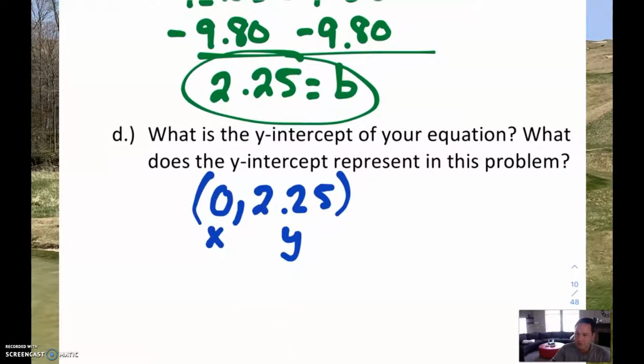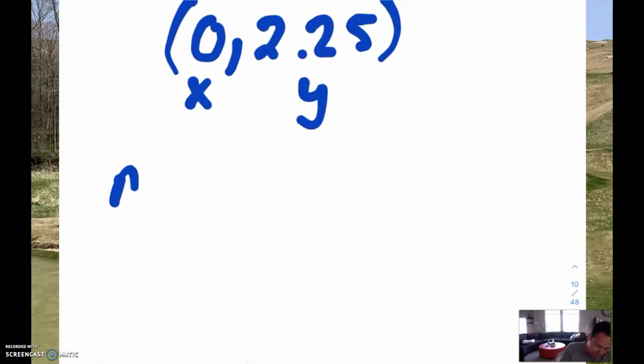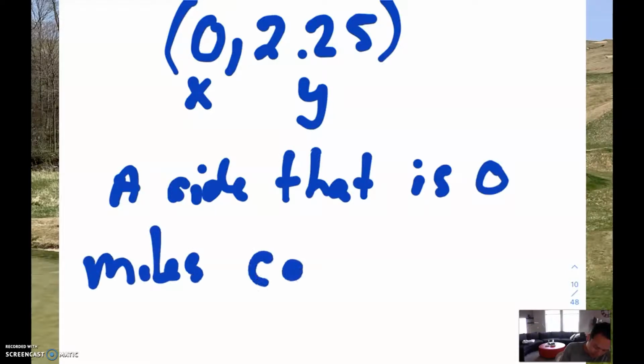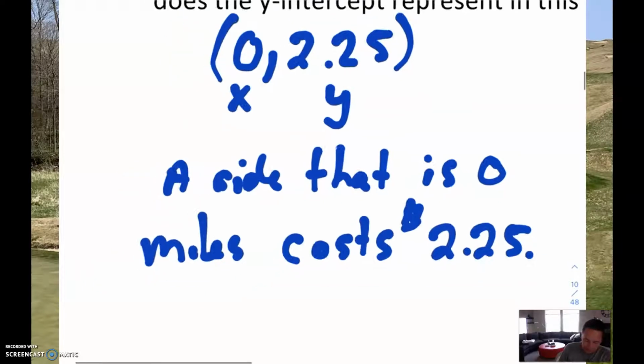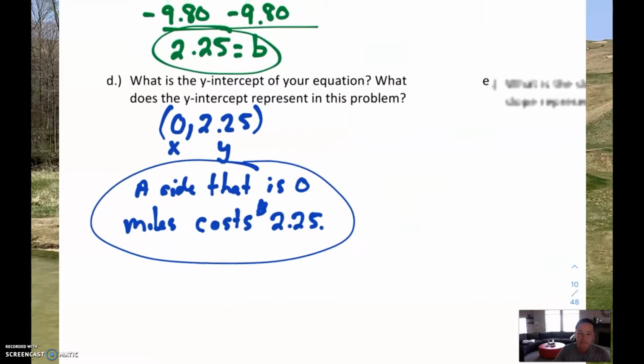Even though they're not taking you anywhere yet, they're basically paying $2.25 just to meet you where you are. So what this means is a ride that is 0 miles still costs $2.25. That's basically their fee just to come to you and pick you up.